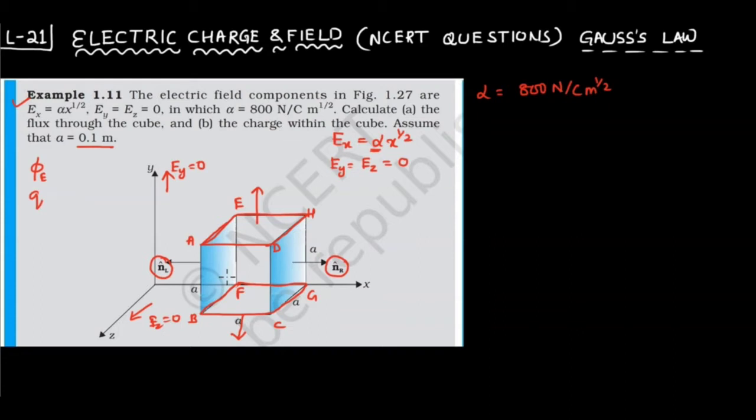Is that clear? Now, out of these 6 faces, only 2 faces will have electric flux, because we have the electric field along the x-axis.